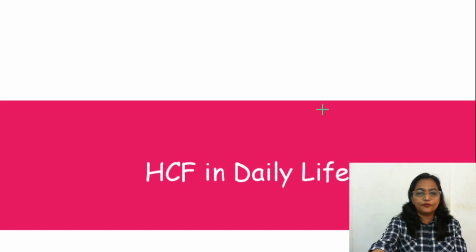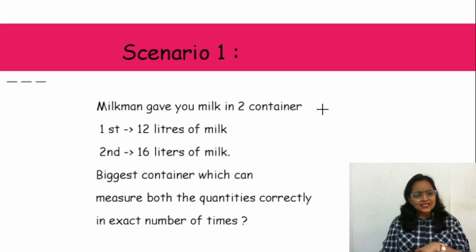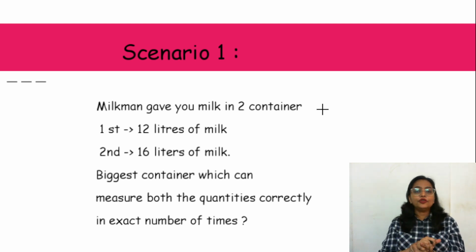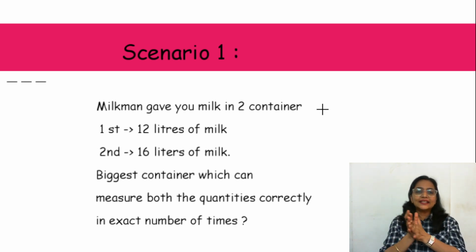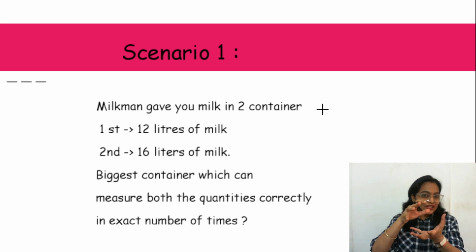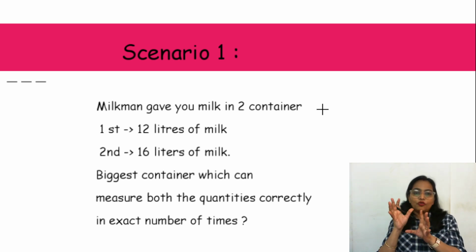First comes HCF. Now, consider a case that a milkman gave you milk in 2 containers, right? First container has 12 liters of milk. Second container has 16 liters of milk, right? Now, your mom wants to check if the milkman has given the correct quantity of milk or not, right?